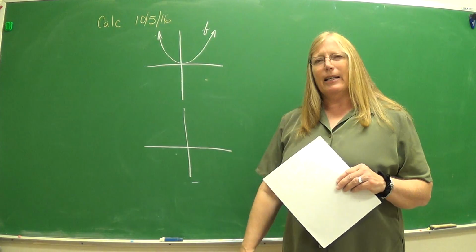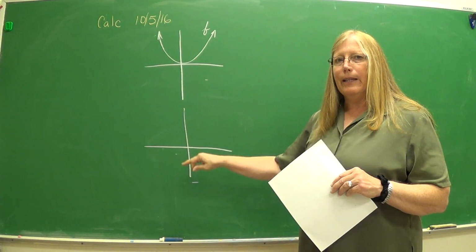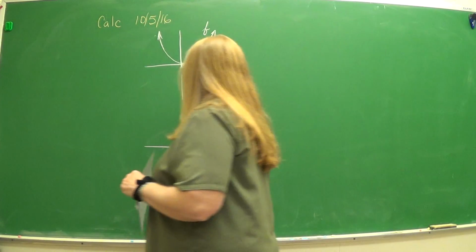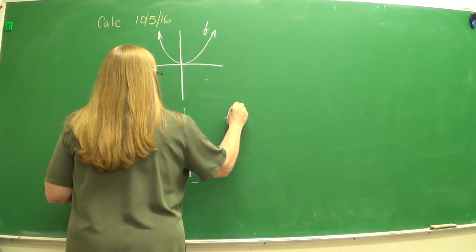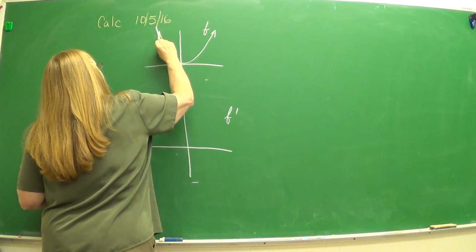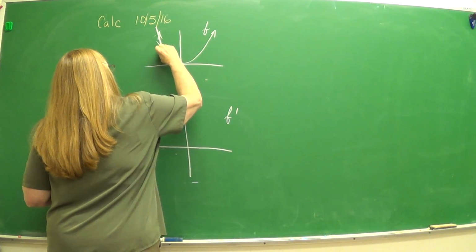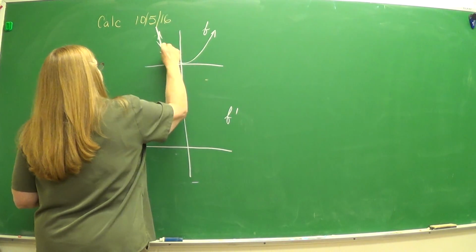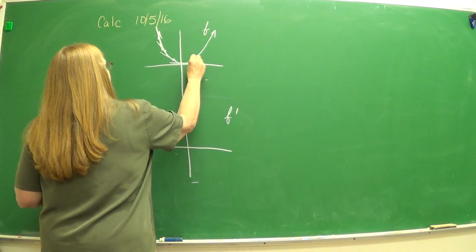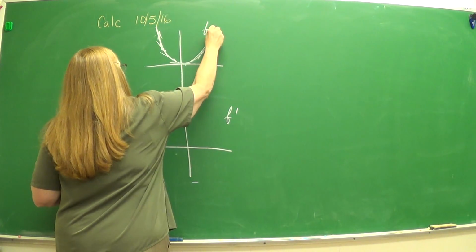Again, we've got to think in terms of slope. So let's go up here and talk about slope, and then we'll draw the graph down here for f prime. So the slope here looks like this. And as I get closer to this value, the slopes are changing. Then the slope looks like this, and like this, then like this, and then like that.